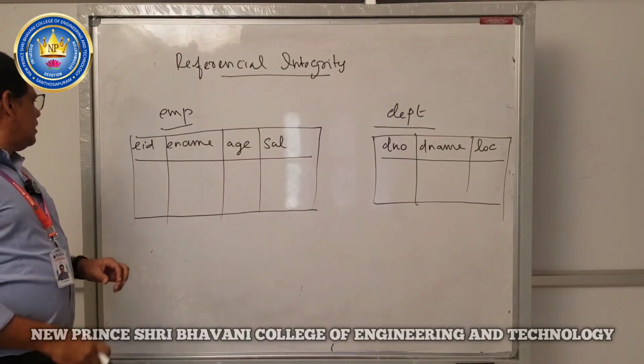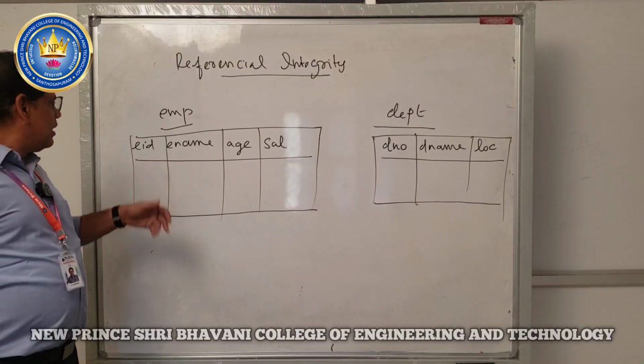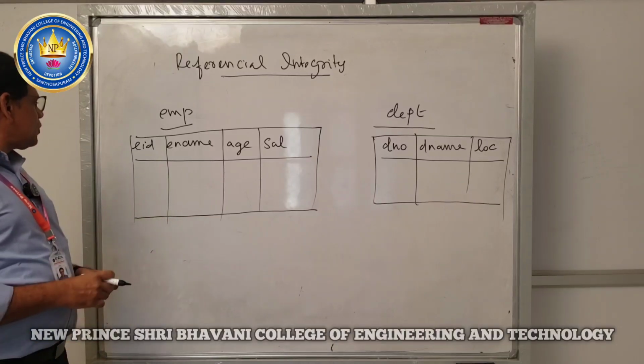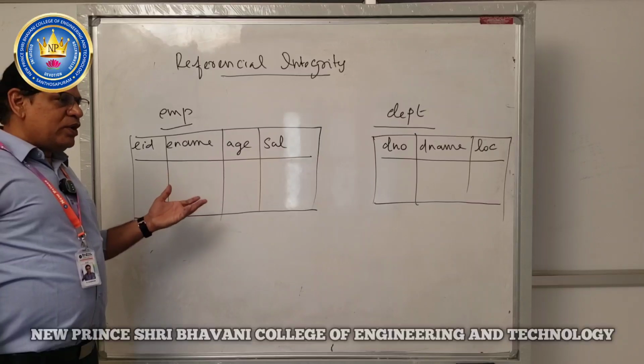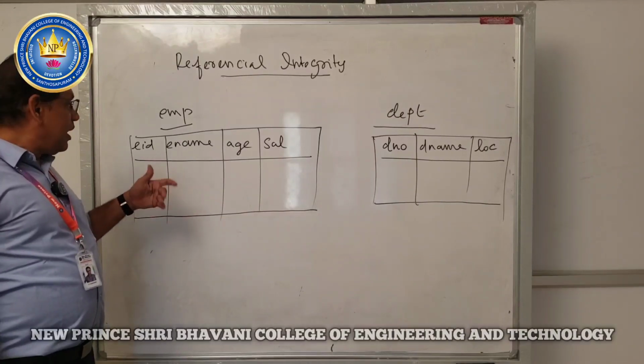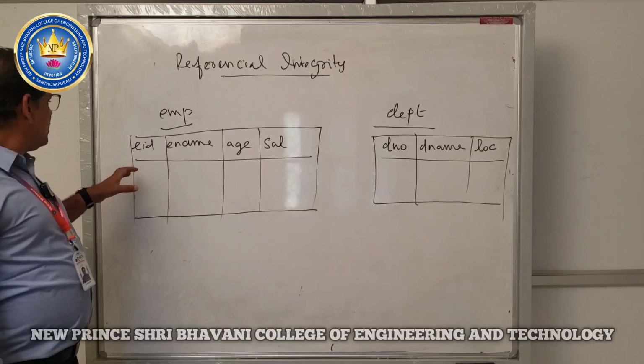Here, employee name, for example, can be duplicated. That means the same name, H Vinod, may appear two times in the employee name field. But that is not possible in the employee ID.